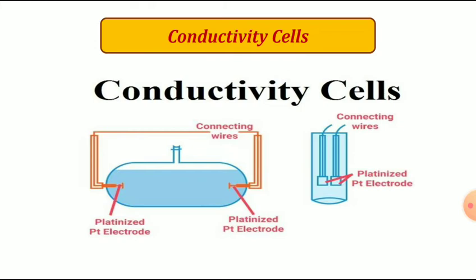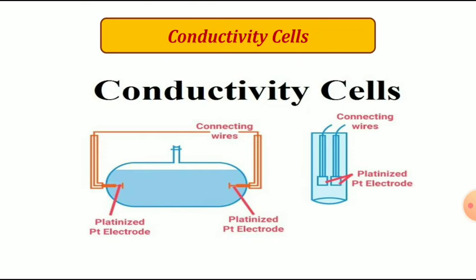Just before this slide we saw the picture of the conductimeter, and the orange color conductivity cell is connected to the conductivity meter. On the left hand side, they have shown how the platinum wires look in the solution. Both wires are coated with platinum, that means platinized platinum electrodes, and they are dipped into the solution whose conductance we are measuring.